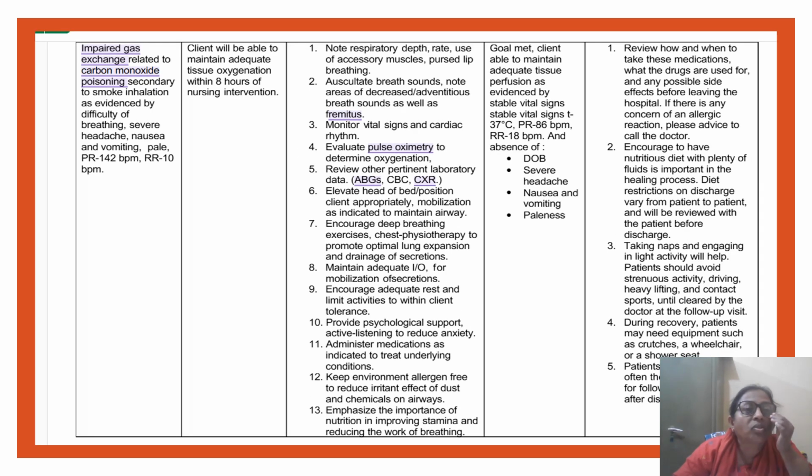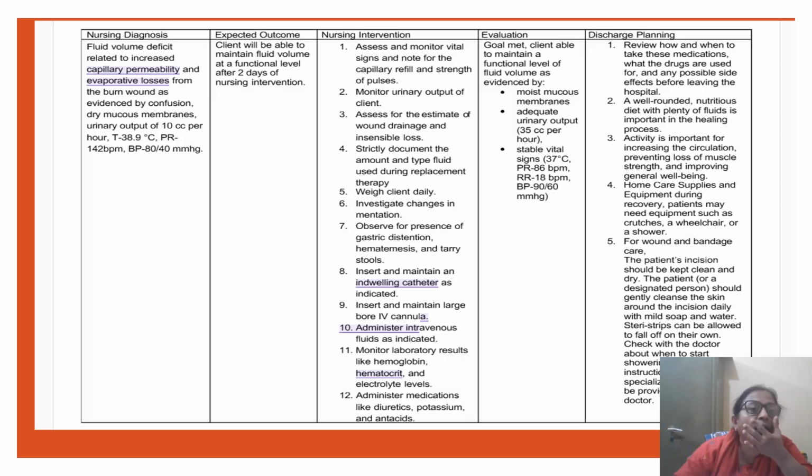Then fluid volume deficit related to increased capillary permeability and evaporative losses from the burn wound, as evidenced by confusion, dry mucous membrane, urinary output of 10 cc per hour.